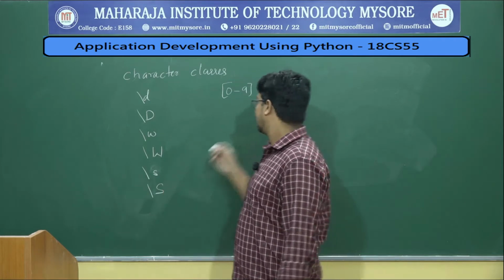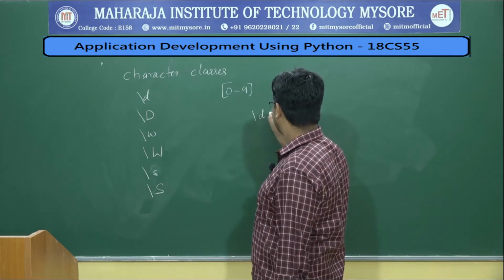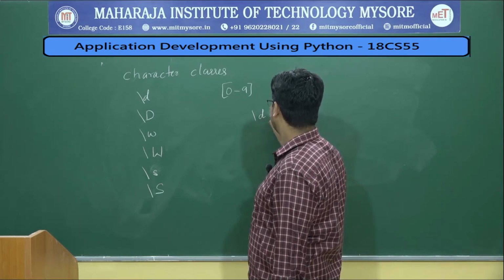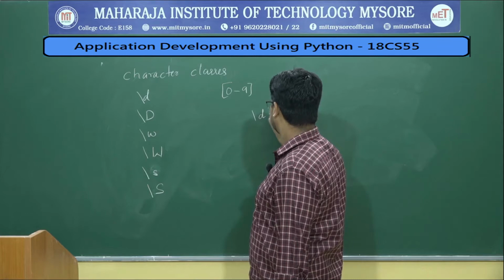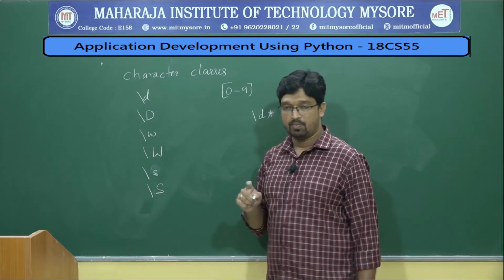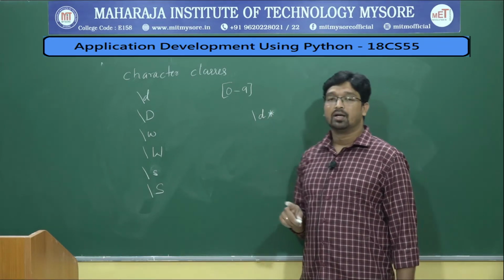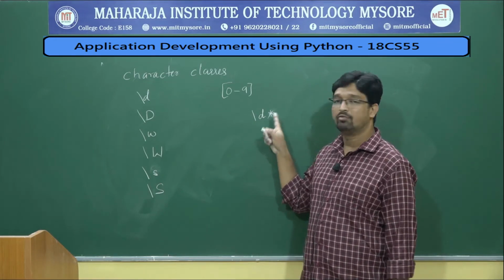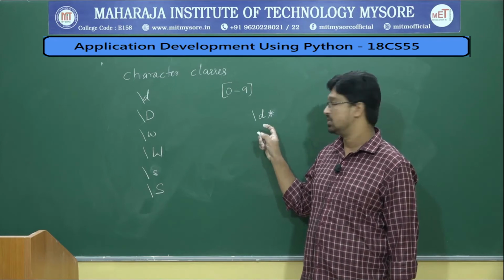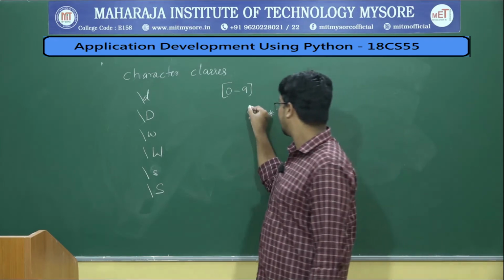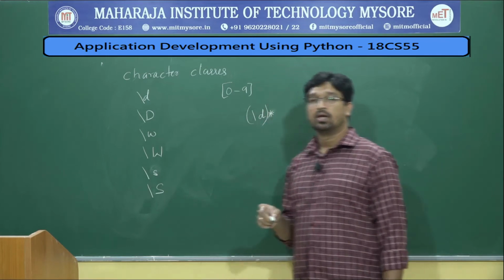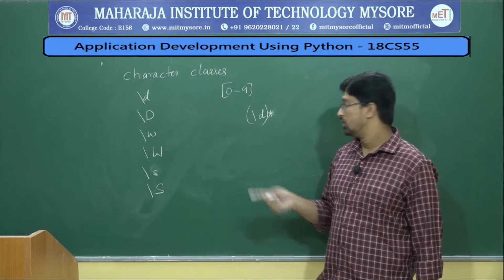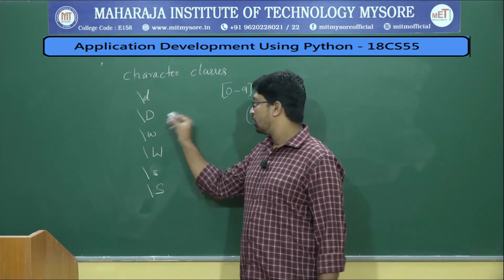Okay, let us say if you write backslash d star, that means your string should be made up of any number of digits. Let us say if you write brackets, it will match digits any number of times, so it will match only digits. What about capital D?